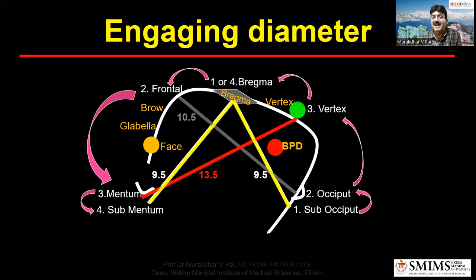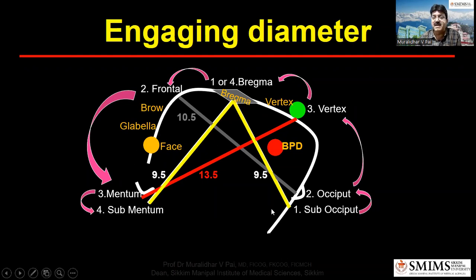Okay, so I make it yellow. They are equal and opposite, in the sense of two sides of an equilateral triangle, 9.5. So whenever it ends with bregma, it is 9.5. And whenever there is the word sub, it is 9.5. That is suboccipitobregmatic, submentobregmatic. What is the difference? In suboccipitobregmatic, it is vertex presentation, the head is fully flexed. Whereas when it is submentobregmatic, it is face presentation, the head is fully extended.